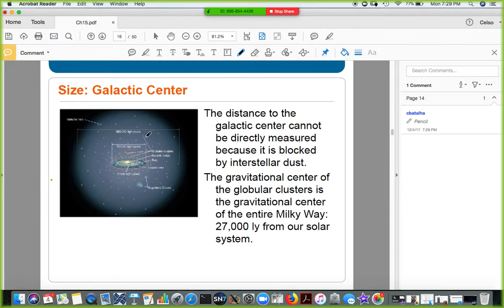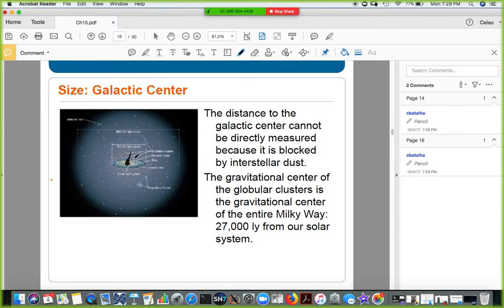And what he found was that these globular clusters, in fact, were not orbiting us, our region in the Milky Way. These globular clusters were gravitating around some region which Harlow Shapley fixed as being the center of the galaxy.